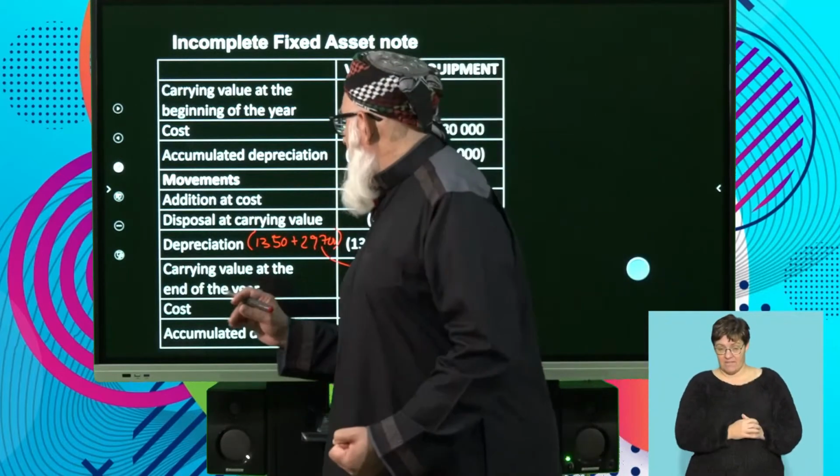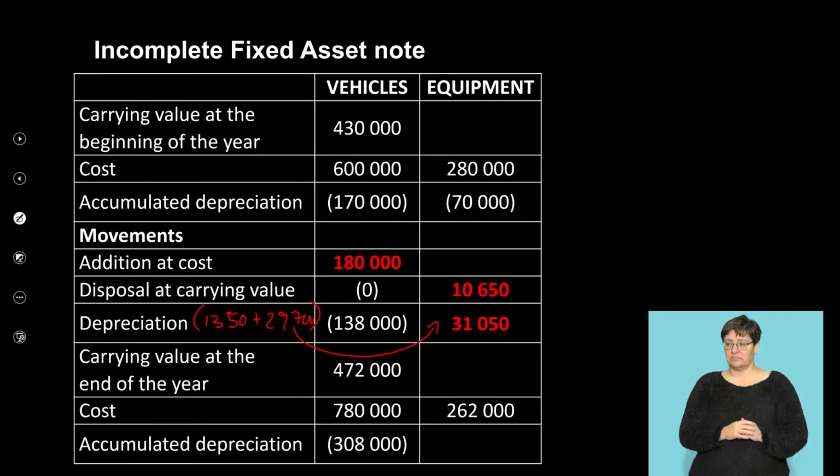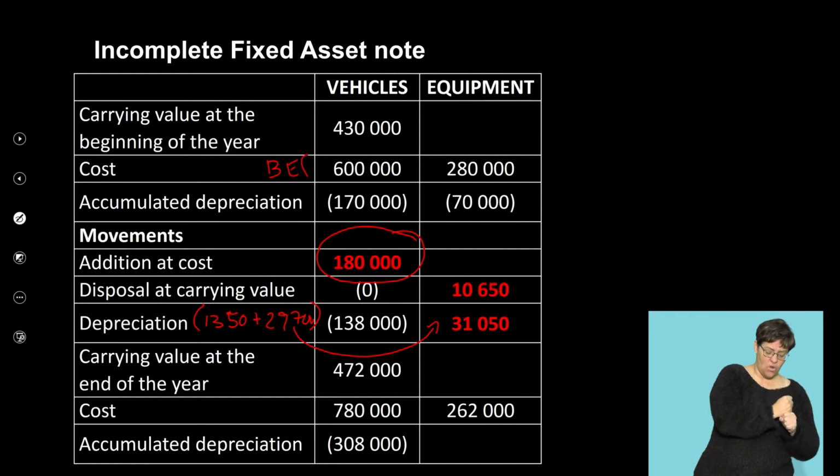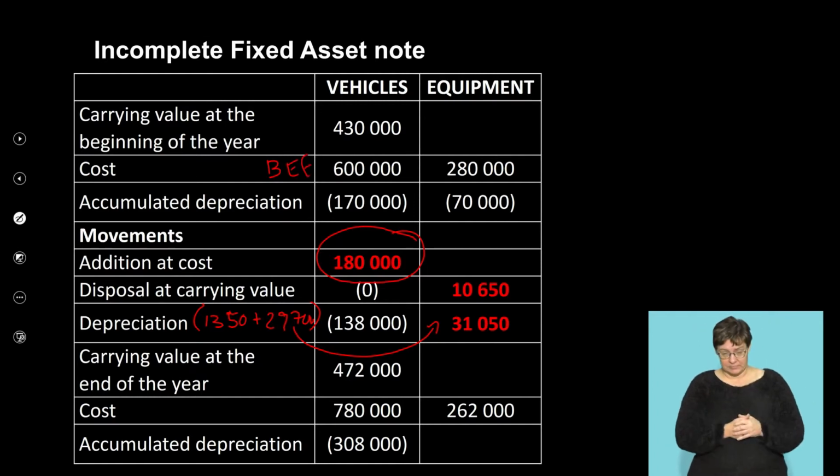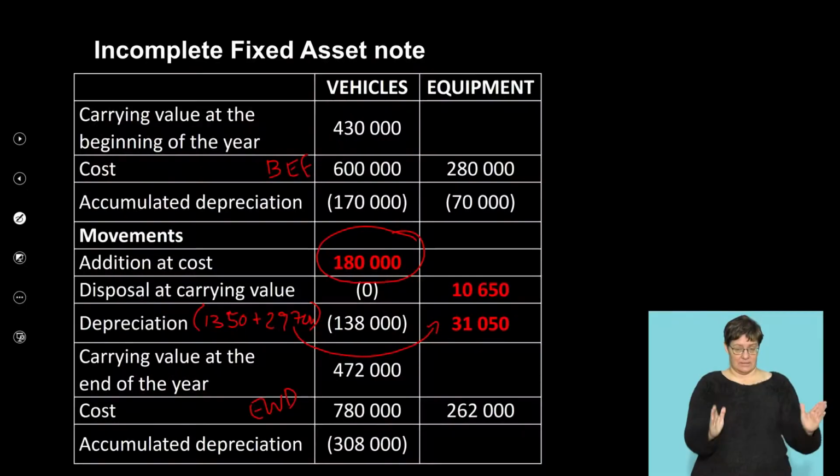Okay, so now let's look at our completed note. What do we have? We've worked out our additions at cost. Remember what we said? Straightforward comparison with the beginning of the year and the end of the year. And the reason we could do that was because there was no disposal. Number two, we calculated B, the disposal, that carrying value.